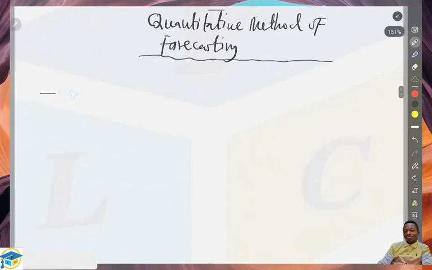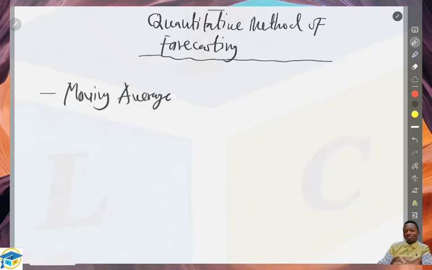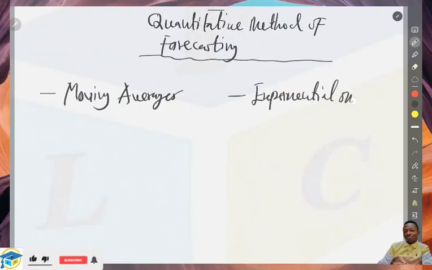So we have one, moving averages, and then two, we have the exponential smoothing model. These are the methods we're going to discuss under the quantitative method of forecasting within the organization.